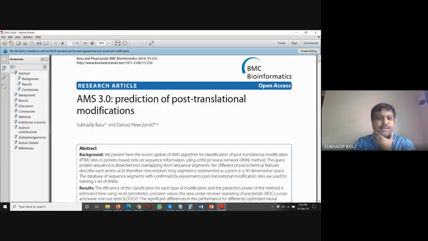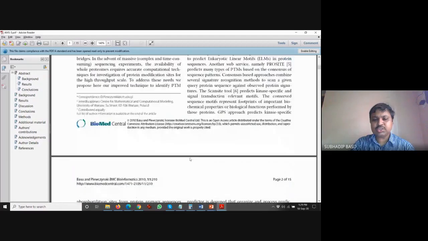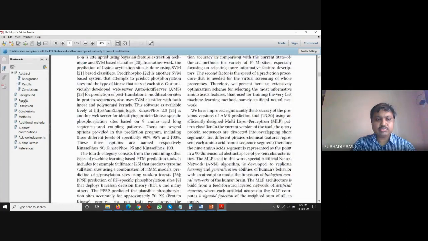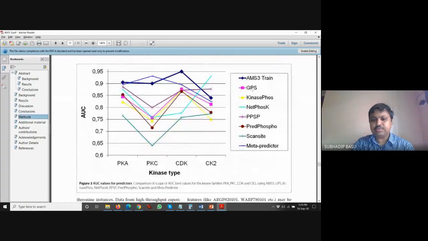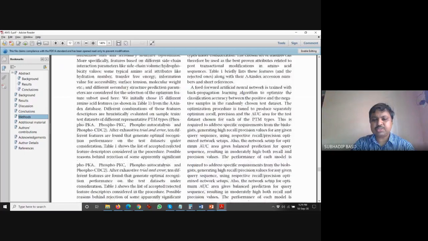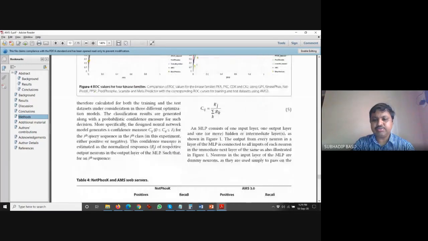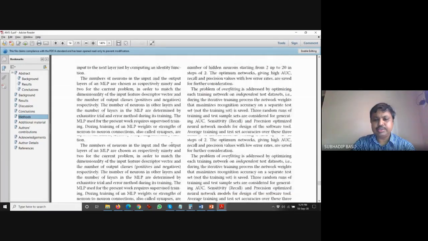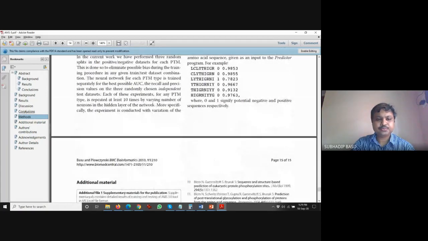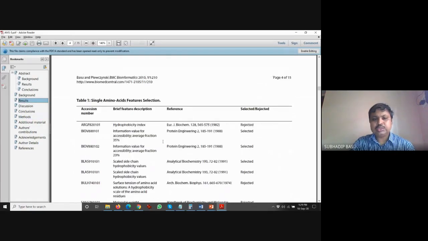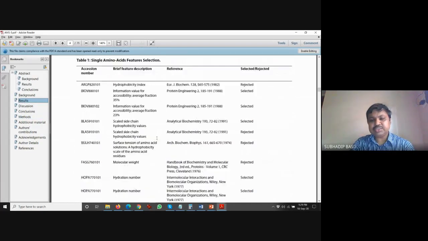I can also show you the paper, AMS-3, prediction of post-translational modifications. In the methods you can see the different performance measures given, and the feature selection process.